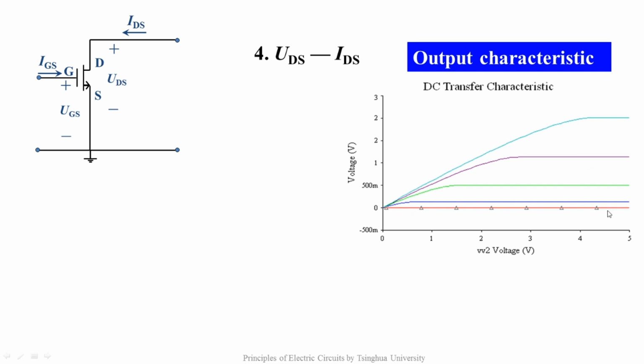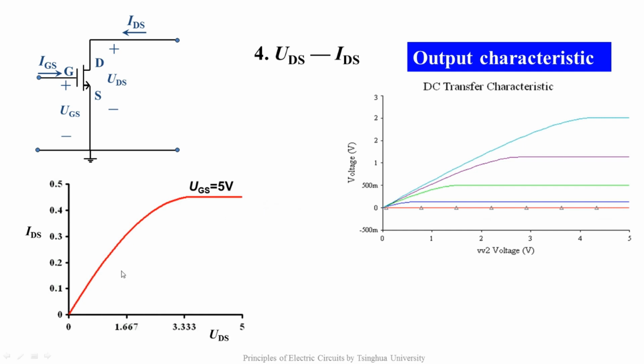The bottom curve means when UGS is less than UT, the MOSFET is turned off. So IDS is always zero. You may pick out one of the curves and analyze it, which is corresponding to UGS being equal to 5 volts. It can be represented by a polyline for approximation.